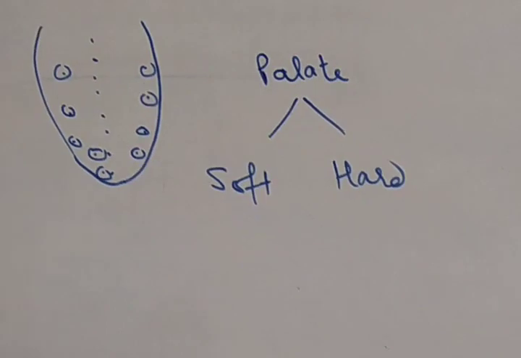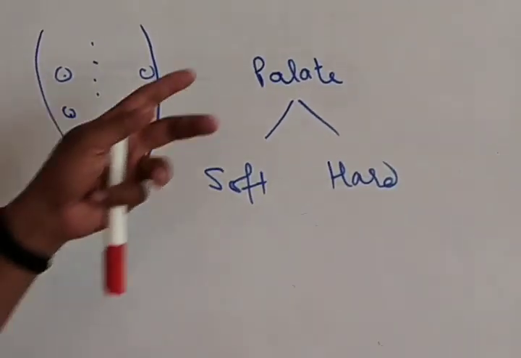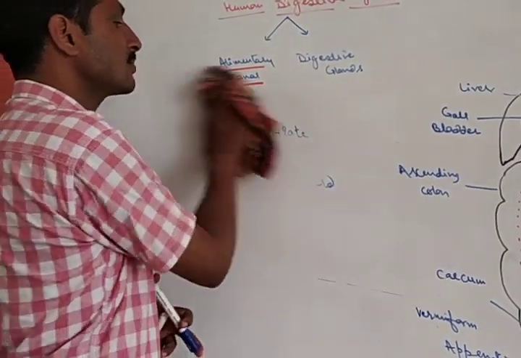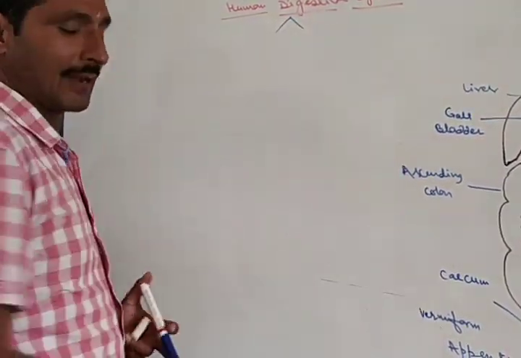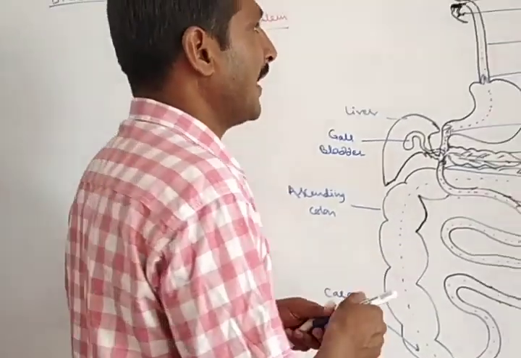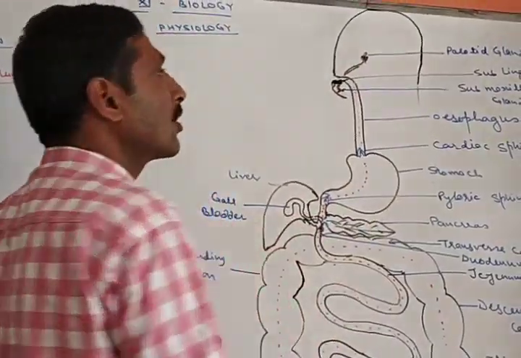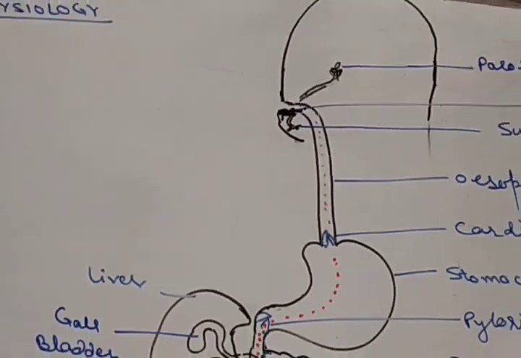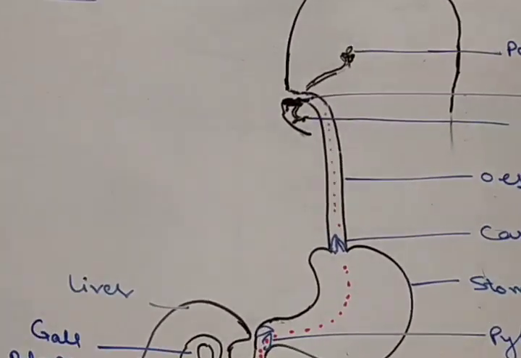So the roof of our buccal cavity is called the palate. After the buccal cavity, the next part in the human alimentary canal is the pharynx. The pharynx is a common opening for food as well as air in human beings.